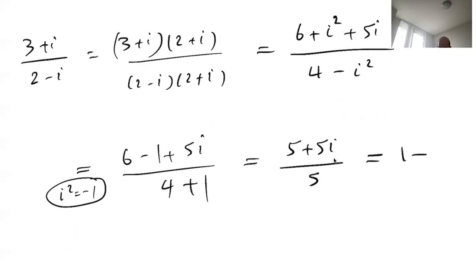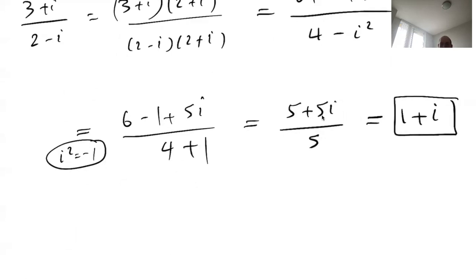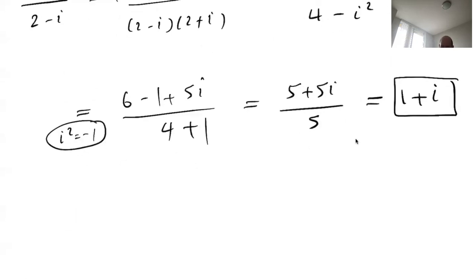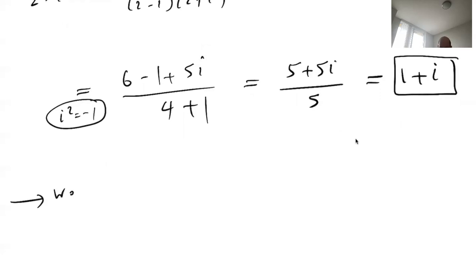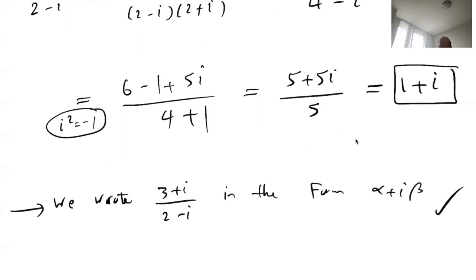The answer will be 1 plus I, since 5 divided by 5 is 1. So we wrote 3 plus I divided by 2 minus I in the form alpha plus I beta.